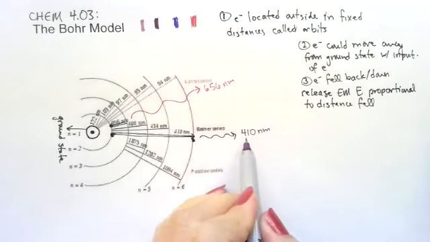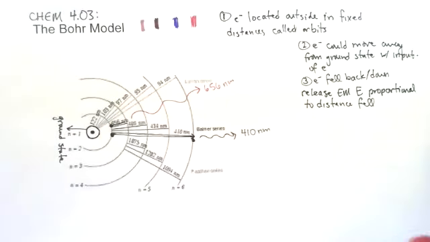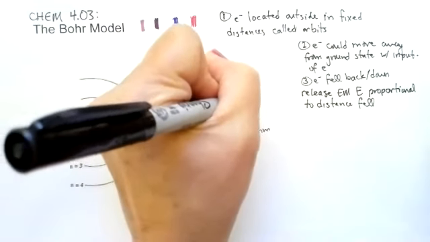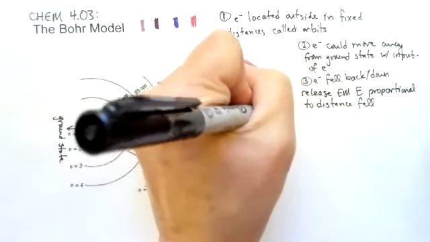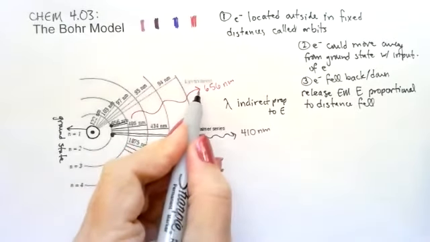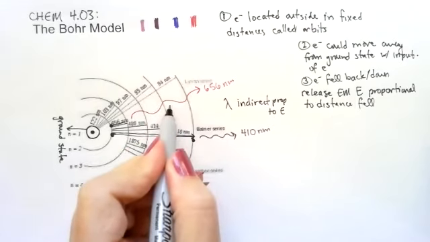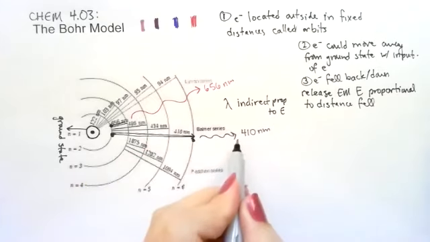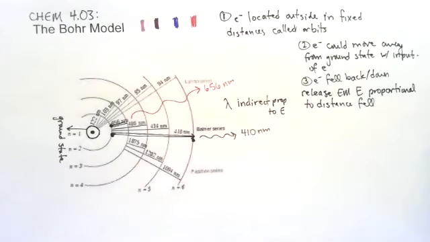Isn't this higher energy than that number? Remember, wavelength is indirectly proportional to energy. The longer the wavelength, so there's a bigger distance between this wave and this wave, indicates lower energy. Longer wavelength, lower energy. So this has less energy than this. Well, that makes sense. This is falling back 4. This is falling back 1.